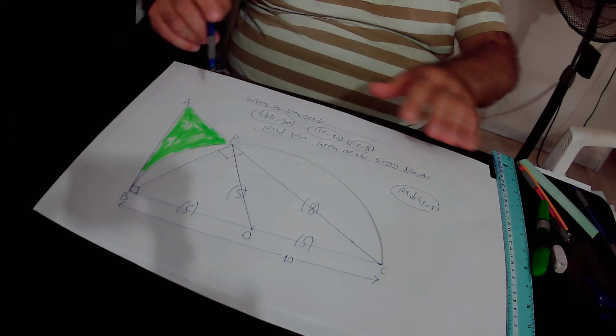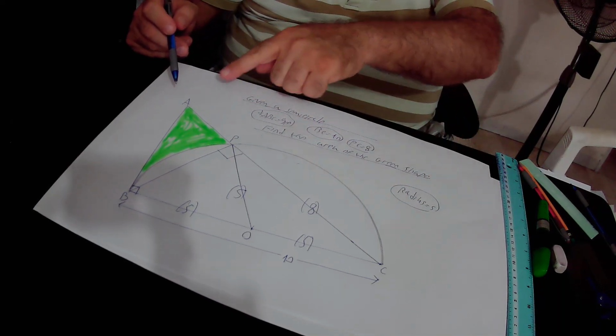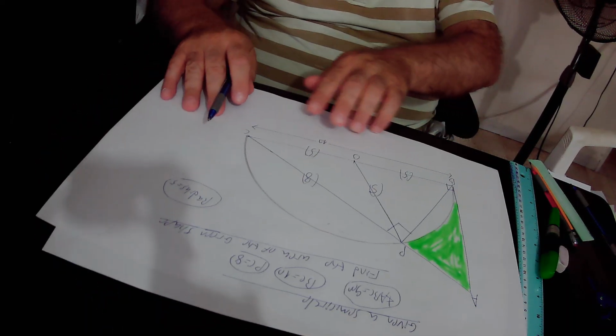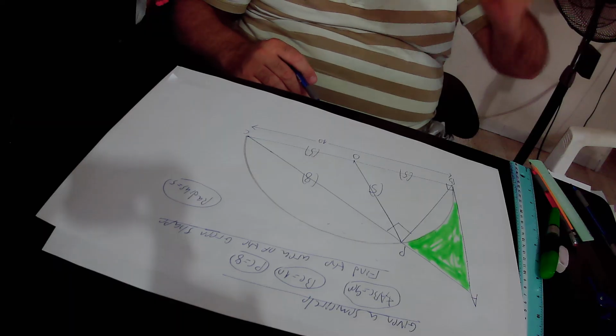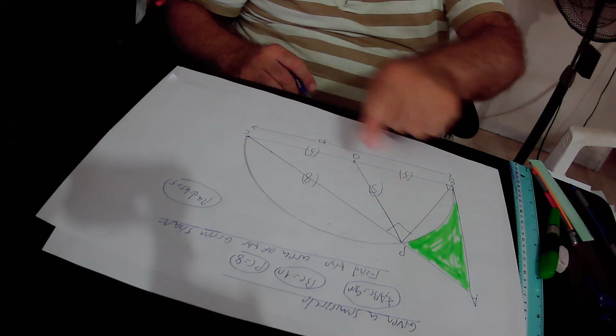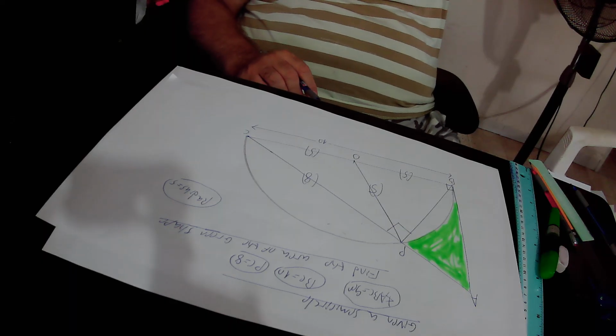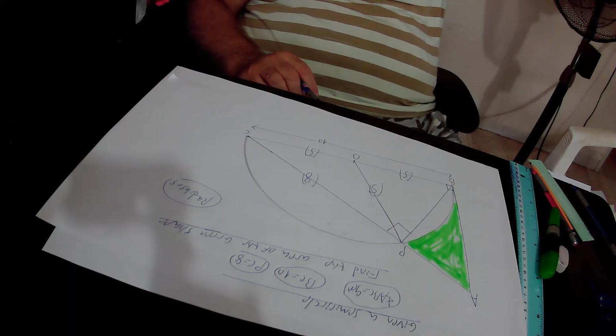We know that AC is a straight line, according to what is given in the question. So if we focus on the left side of the straight line AC at point P, here the sum of the angles must be equal to 180 degrees according to rule 3, that says that the sum of the angles on one side of a straight line is equal to 180 degrees.